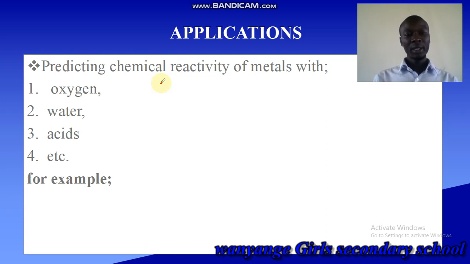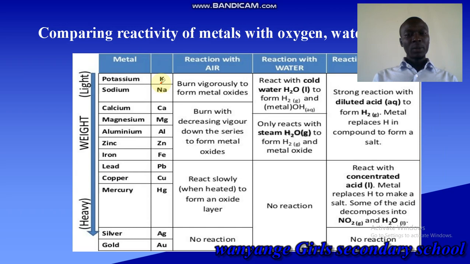Now, some of them can be forced to react with oxygen when they are heated. Okay? Great. So, there is a summary here of the comparison of how these metals react with oxygen, water, and acids. Over here, you have on the top potassium, and its symbol is capital K. And potassium is the most reactive with oxygen.